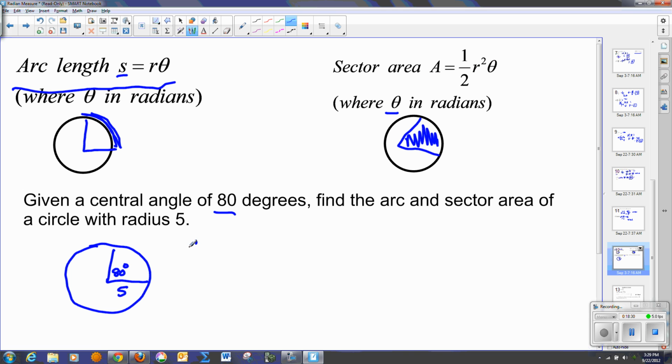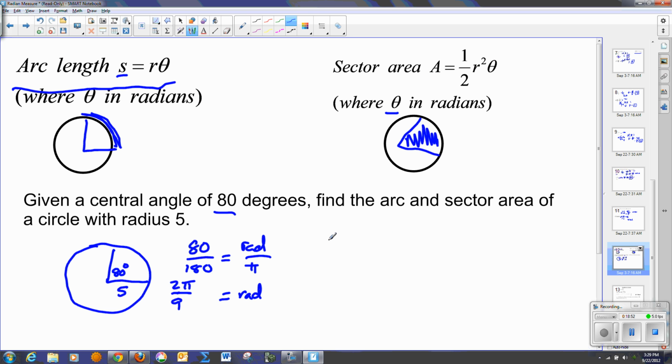So I take 80 over 180 equal to the radian measure over pi. Since 4 goes into that, the radian measure is 2 pi over 9.